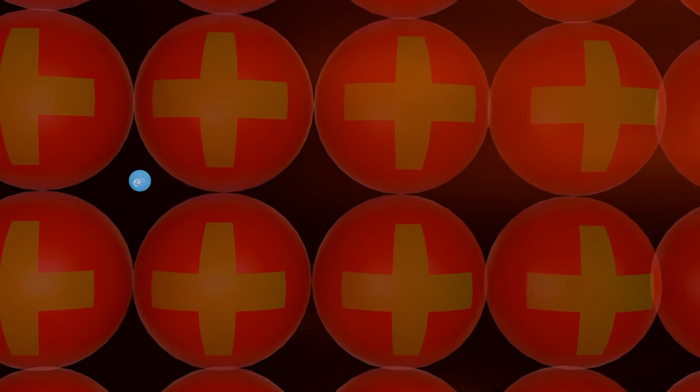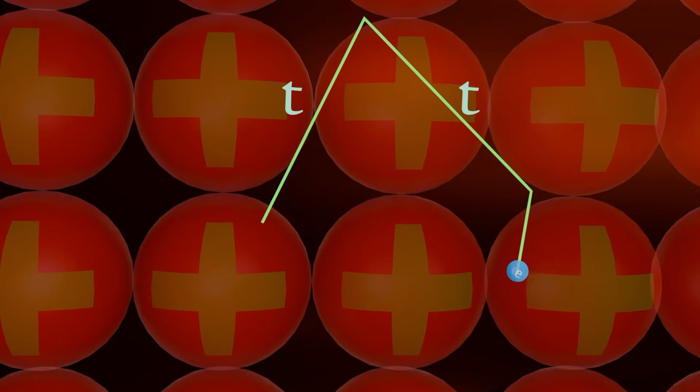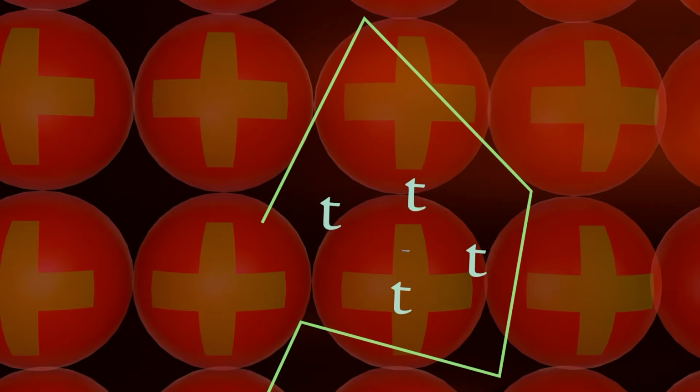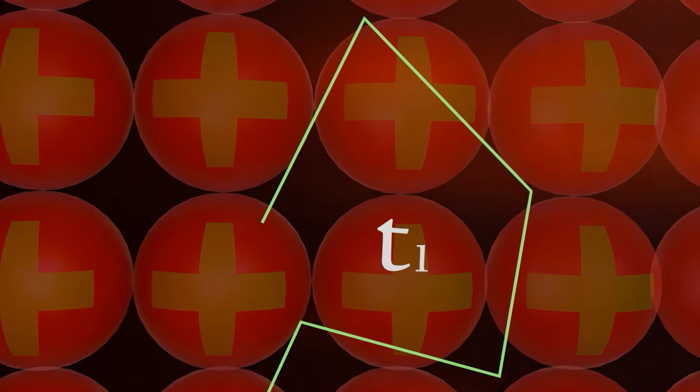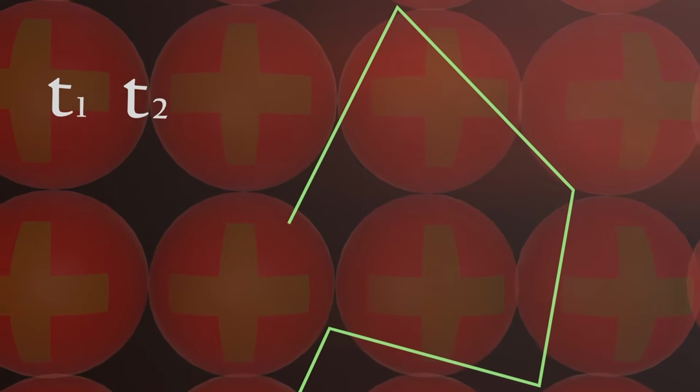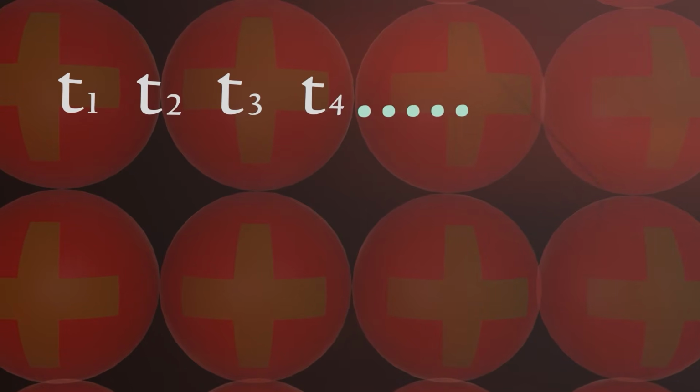Imagine an electron inside a conductor, collide, then travel freely for some time, and then again collides. The time duration for which it moves without colliding between two successive collisions is called the relaxation period. For one electron, let's denote this time as t1. Similarly, other electrons will have relaxation times t2, t3, t4 and so on.